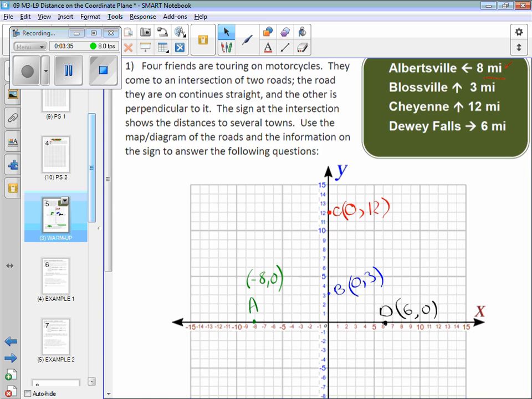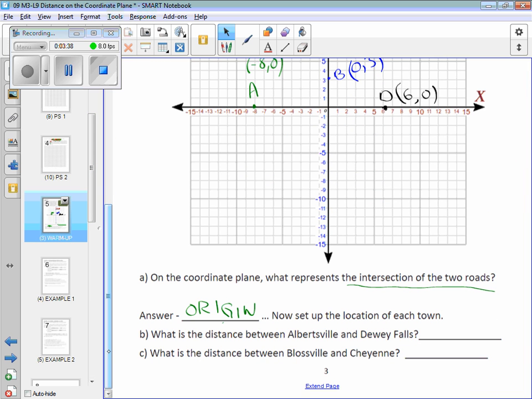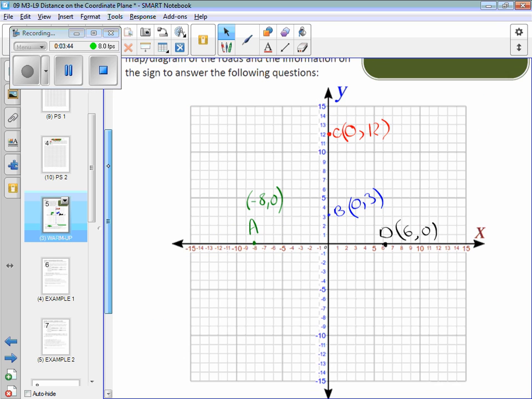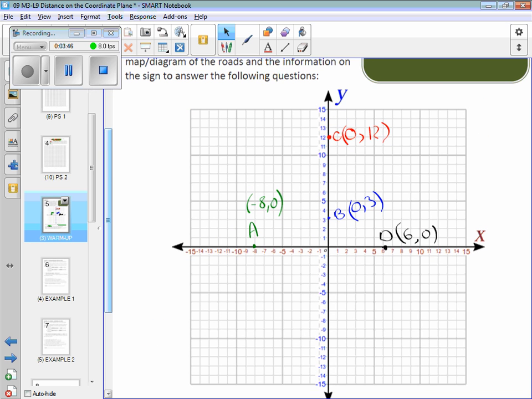Okay, let's scroll down. What is the distance between Albertsville and Dewey Falls? Which is points A and D. Alexa, how did you know? Okay, but do you have jumps on your page?